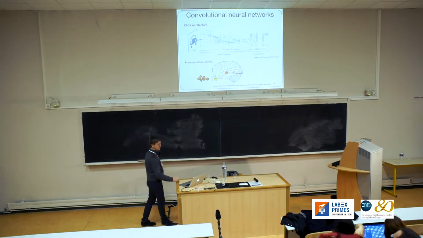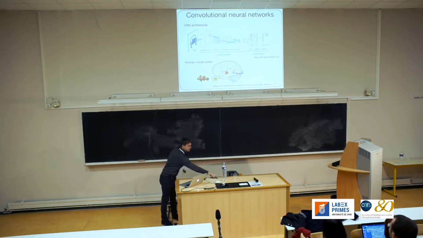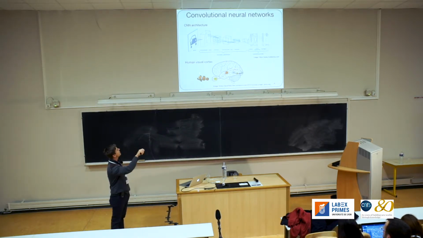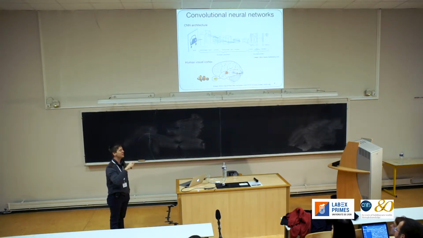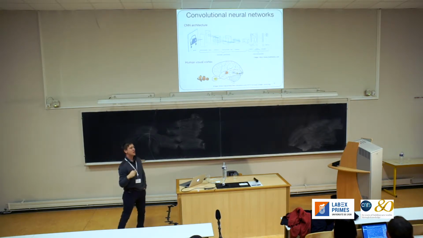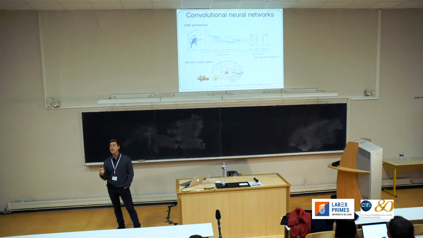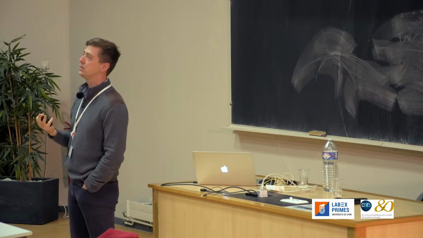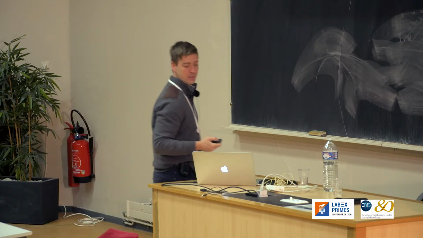In the sense that when the visual information signal goes to the back of the brain, to the visual cortex, it's going to be sequentially processed in different regions of the cortex, from very simple things like edges and blobs to eventually being recognized as a whole object. Okay?